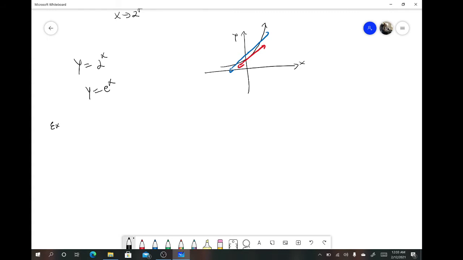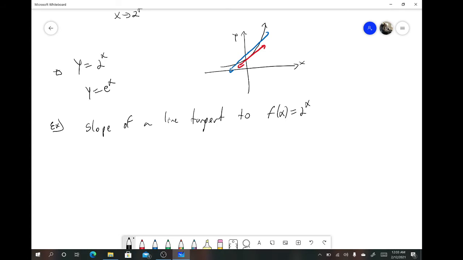So let's talk about this example. We're going to talk about the slope of a tangent line to f of x equals 2 to the x, which is this right here.